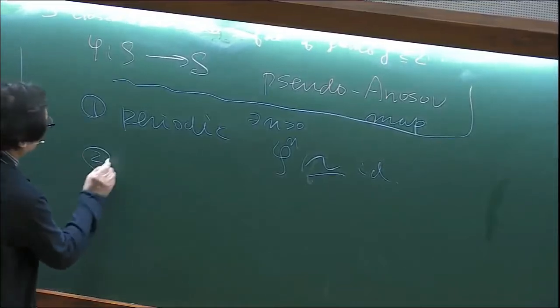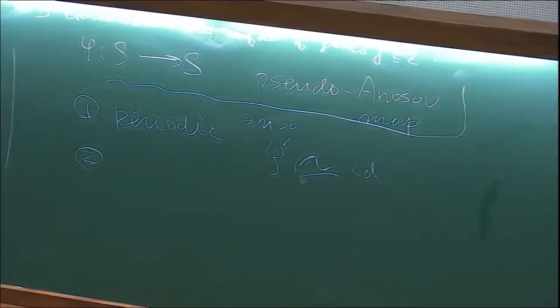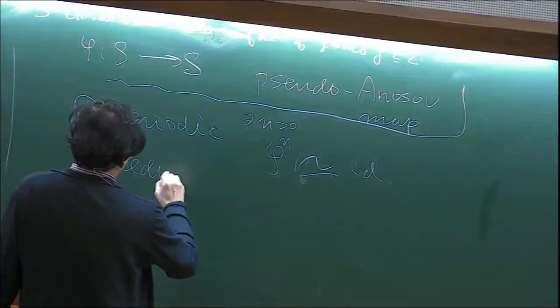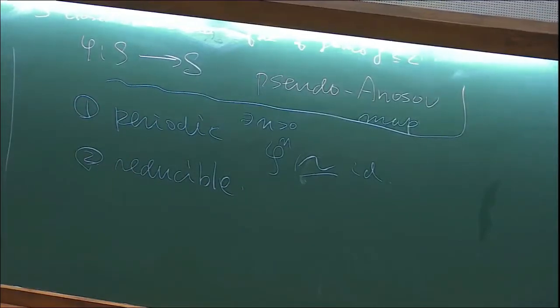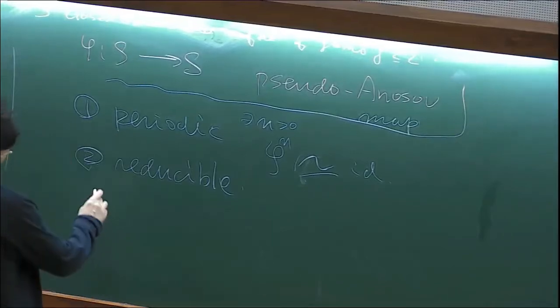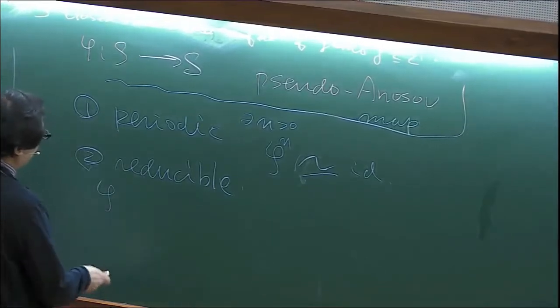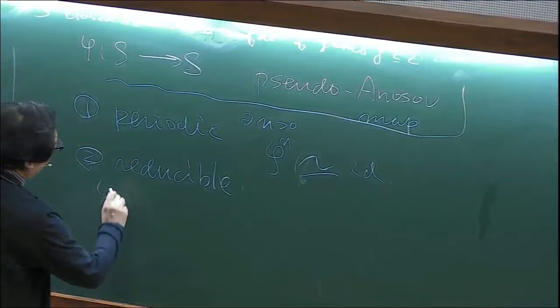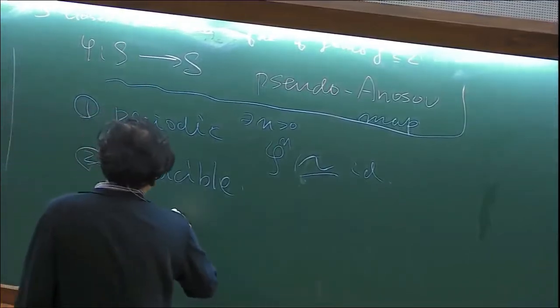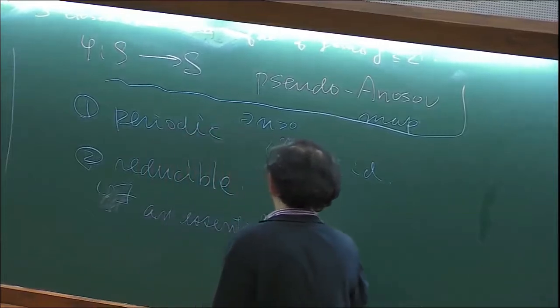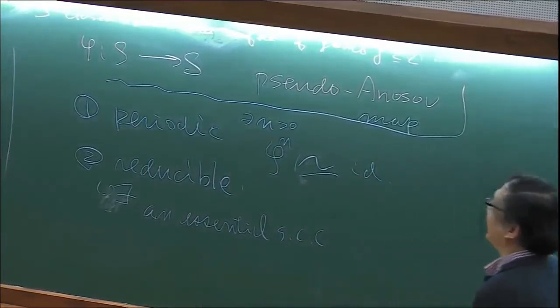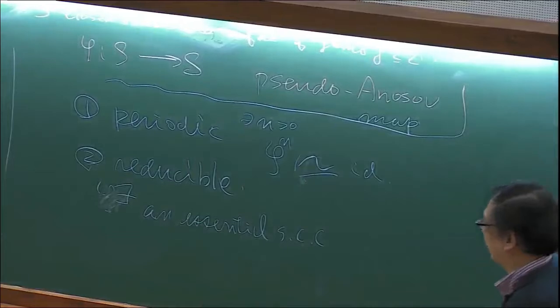And the second type is something called reducible. Again, it's a definition up to isotopy. So phi is said to be reducible if there exists an essential simple closed curve C. Well, by essential, I mean something which is not null homotopic.